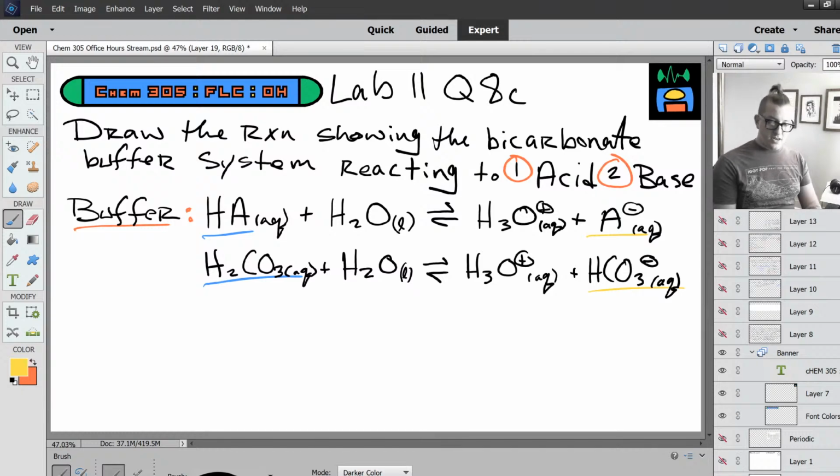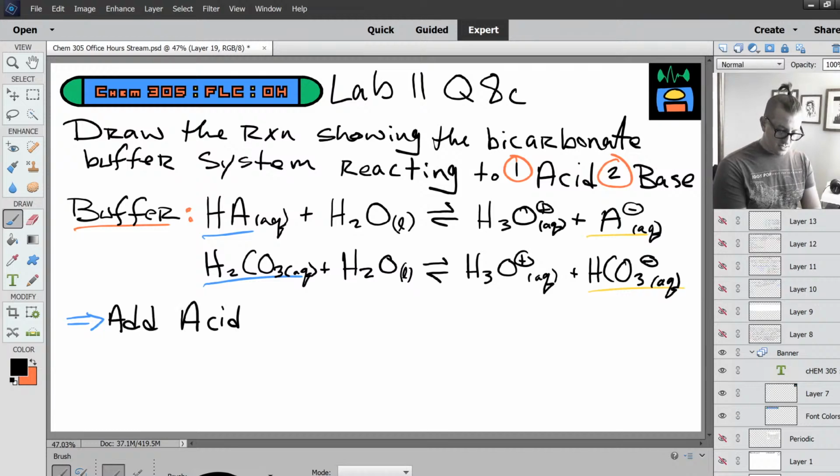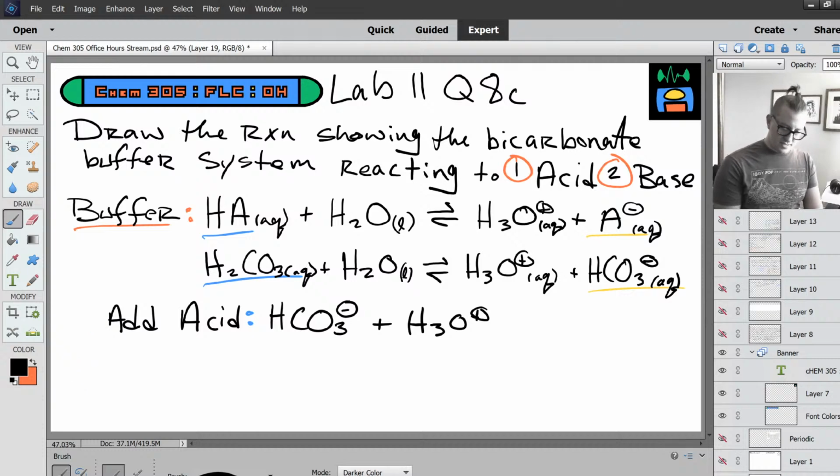And when you add acid, that means they want you to write the reaction between the conjugate base and hydronium. And when they tell you to add base, sorry, I need to switch the colors of these arrows.